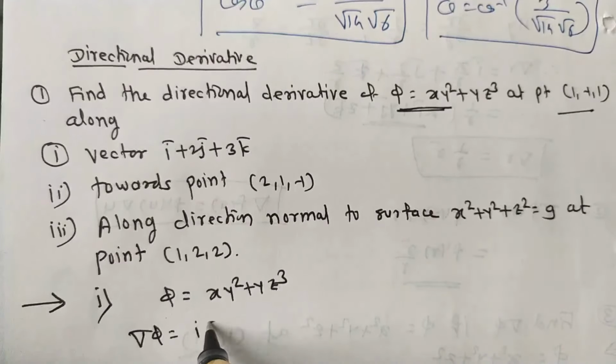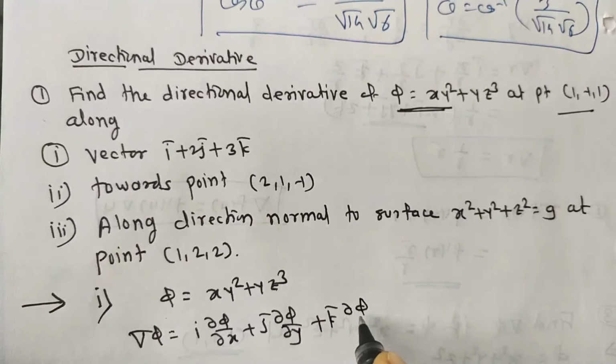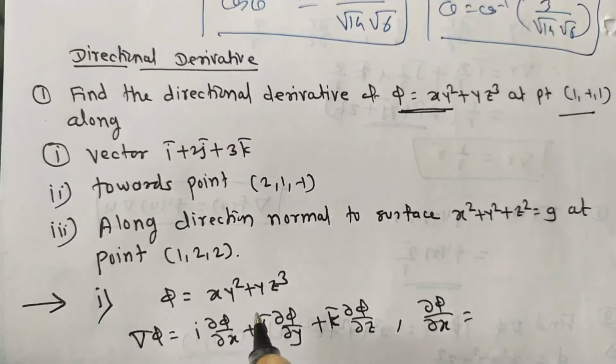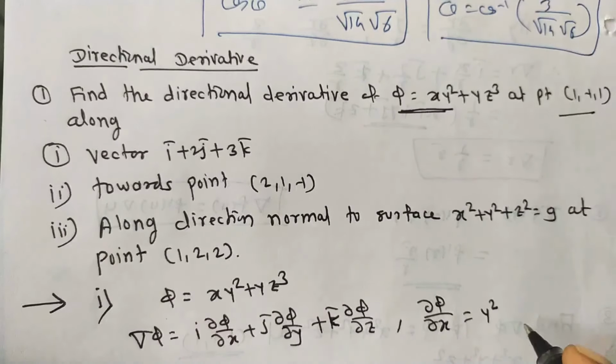Del phi is i bar del phi by del x plus j bar del phi by del y plus k bar del phi by del z. Okay. So phi is this, take the derivative of phi with respect to x, y, z. Del phi by del x is the derivative of phi with respect to x, which is y square, because with respect to x, y and z are constant, so the derivative of yz cube is 0.